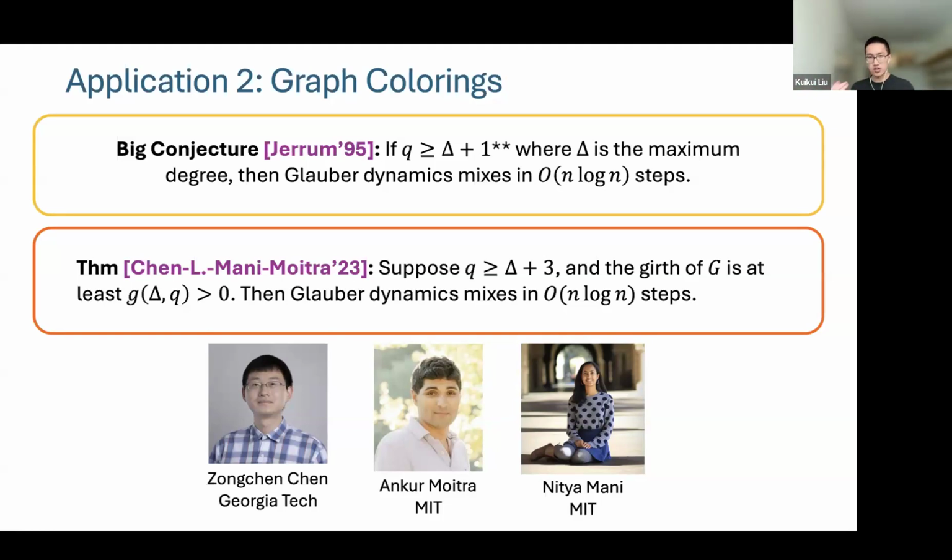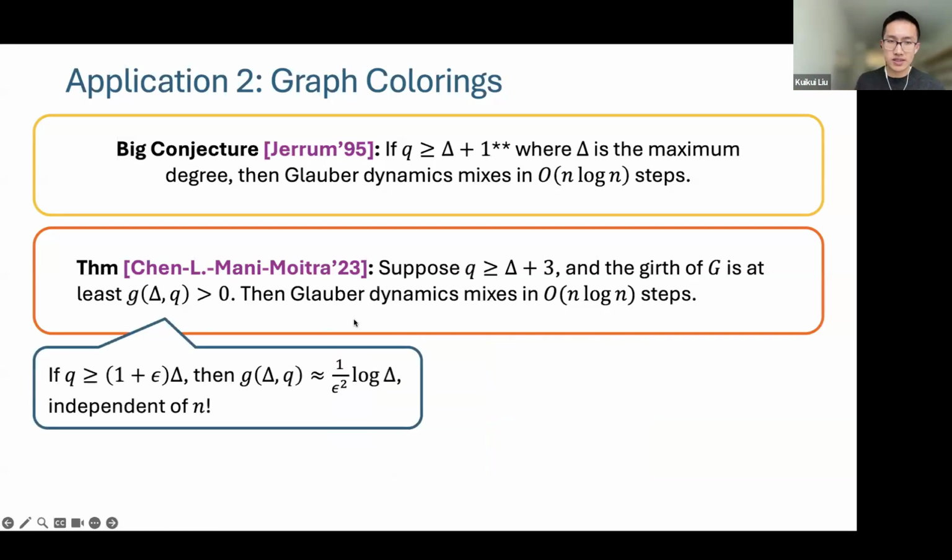The theorem is that as long as q is at least delta plus 3, which is very, very close to delta plus 1, and the girth is at least some constant, then Glauber dynamics mixes in n log n time. And just to give you a sense of how large this girth requirement is, if I give you slightly more colors, 1 plus epsilon times delta many colors, where epsilon is a constant, then the girth scales roughly as 1 over epsilon squared times log of delta.